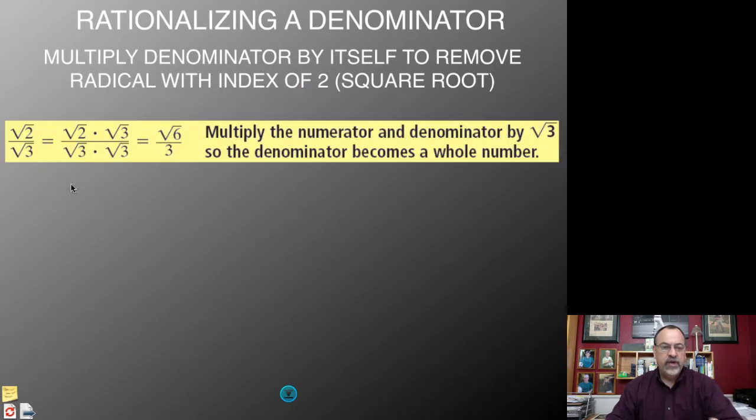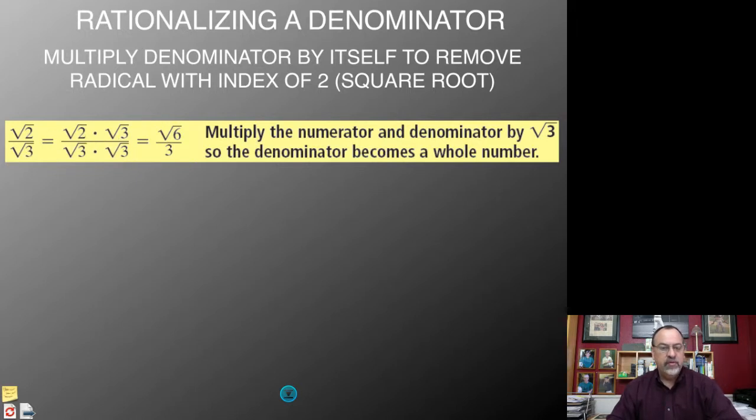Okay? And in order to do that, as I said, we're going to use those two properties that we have just talked about. So if I have the square root of 2 over the square root of 3, the square root of 3 is an irrational number. If I multiply the square root of 3 times itself, that's going to simplify to a rational number. So if I multiply the square root of 3 times the square root of 3, and I do that to the numerator as well, then I have done nothing to the fraction that's changed its value.